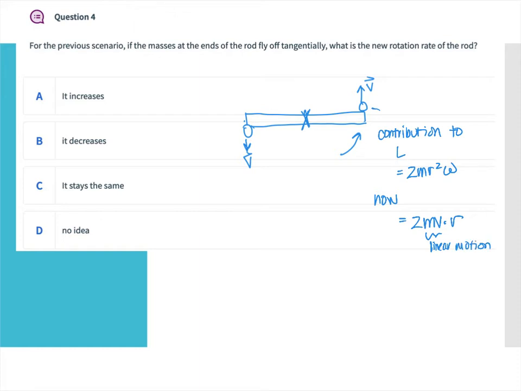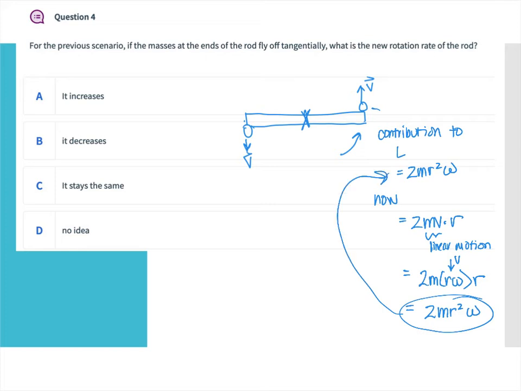However, remember that the velocity they have is going to be determined by how fast they were rotating anyway. And we notice that if we substitute in for velocity the radius times the angular velocity, then it simplifies to exactly what we had before. And that's what can be kind of tricky.